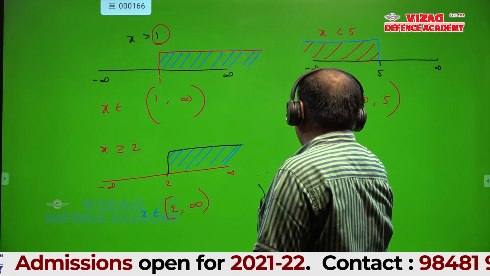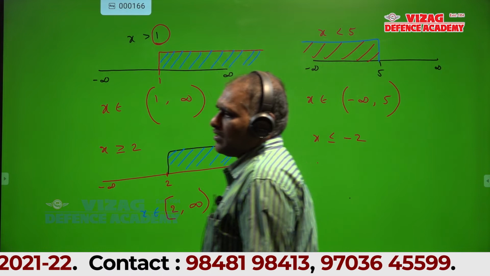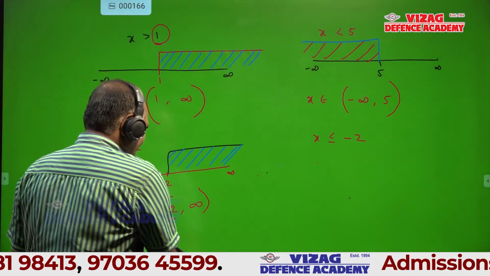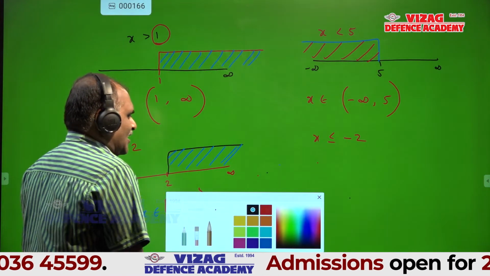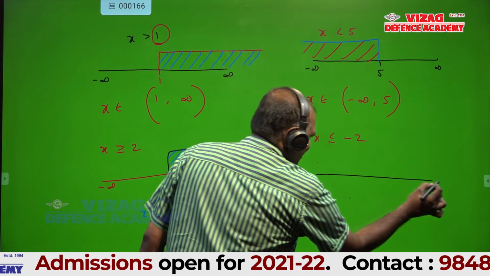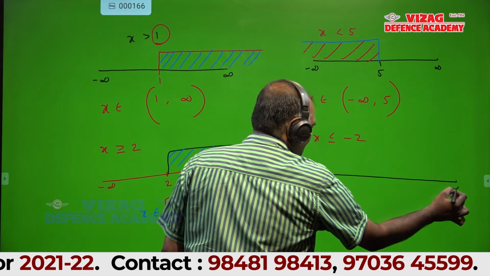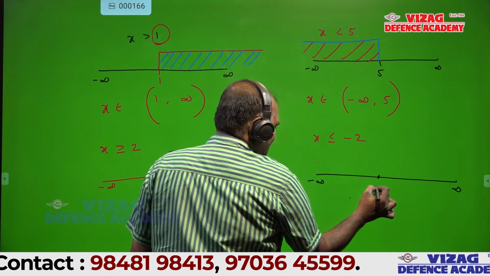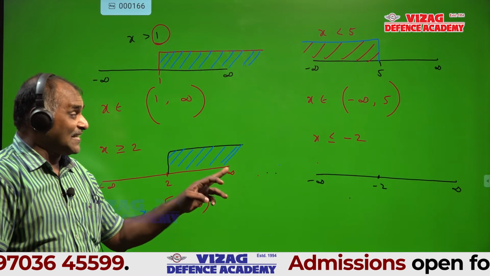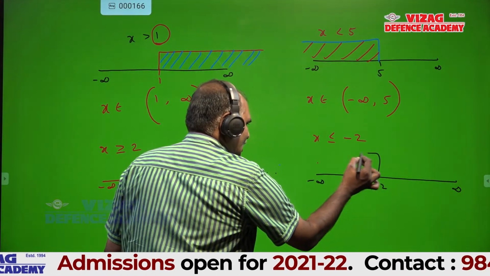One more. x less than or equal to minus 2. Observe, x less than or equal to minus 2. On the number line, minus infinity to plus infinity. What is that value? Minus 2. What is given? Less than, and less than means left hand side. So I draw on the left hand side.